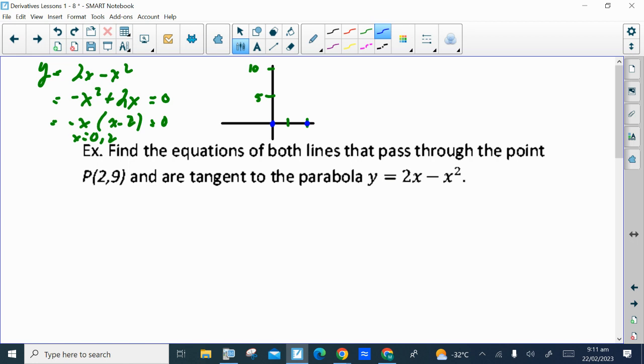It would be the x value halfway between the two x-intercepts, since these quadratics are always symmetrical about the axis of symmetry. So the axis of symmetry is at positive 1. If you let x equal 1 in the equation, you get 2 minus 1, which is just 1. So that's where our vertex would be. This quadratic would look something like this.